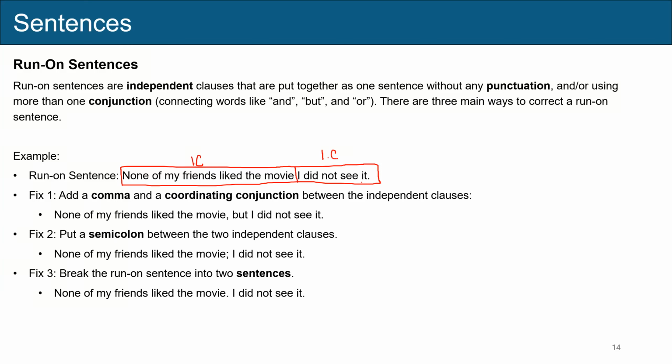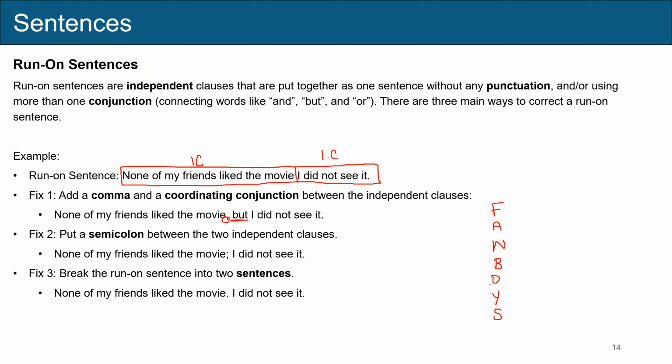If we want to connect these two sentences, we have a couple choices. We can put a comma after the first thing that could be a sentence and use what's called a coordinating conjunction. So those are those connecting words that we use. And this shows up on another slide, but I want to just make sure, the FANBOYS words.